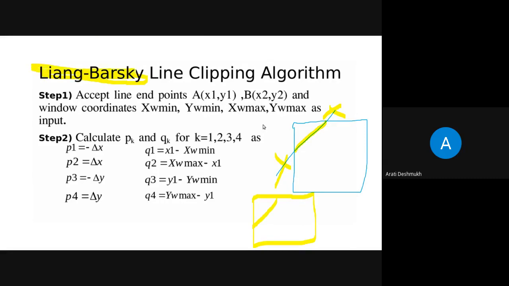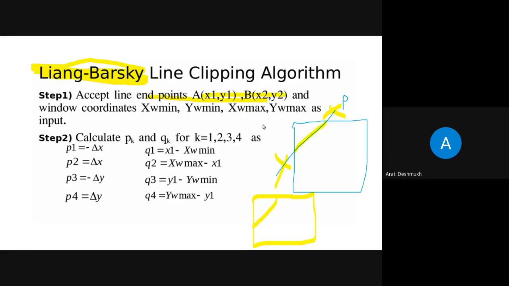We use the Liang-Barsky line clipping algorithm because there is no repetition of any work. We just have to find out if the line is outside or inside the window and find the intersection. So first, accept the endpoints A (x1, y1) and B (x2, y2).